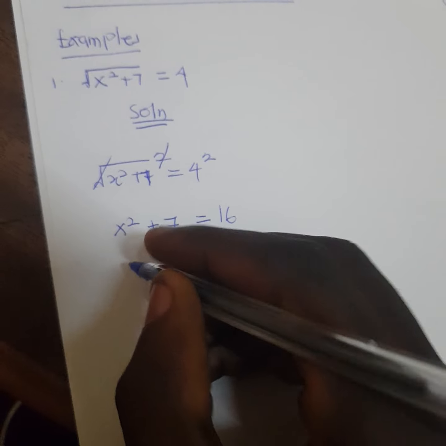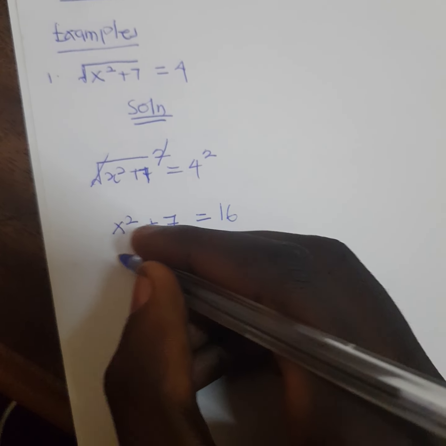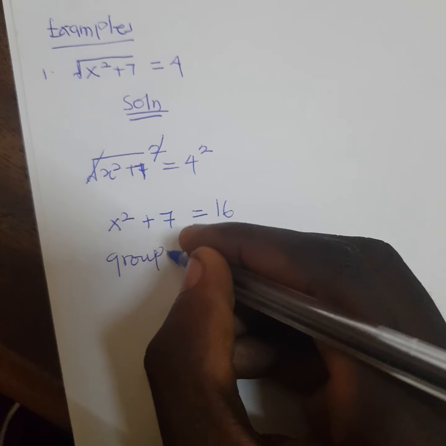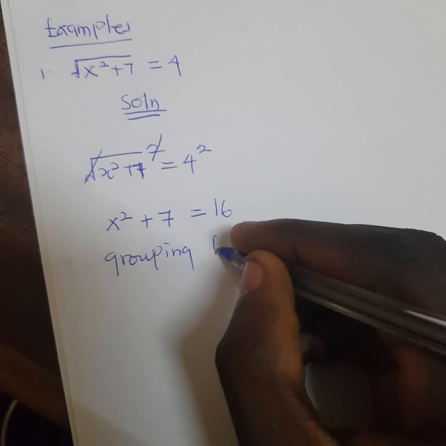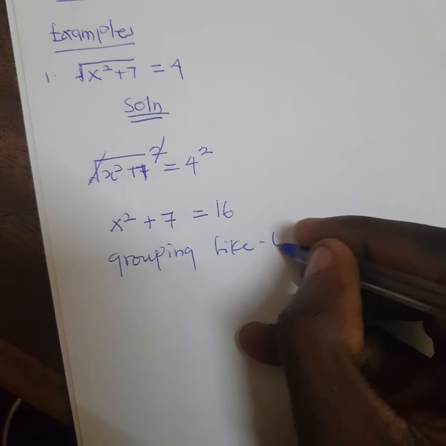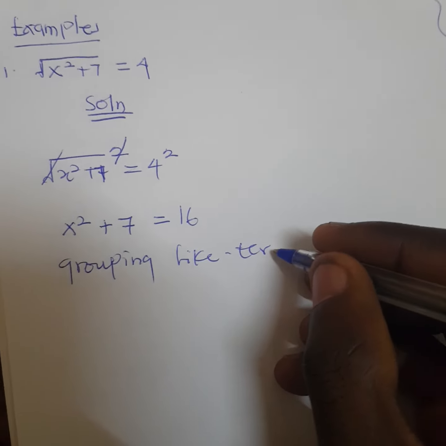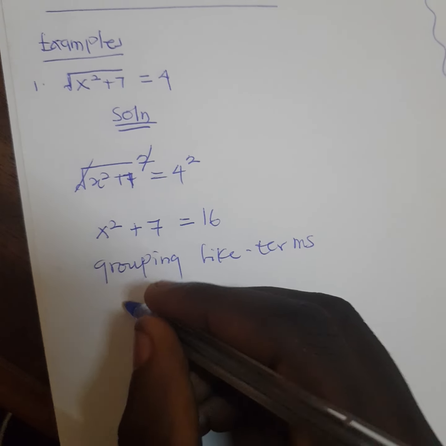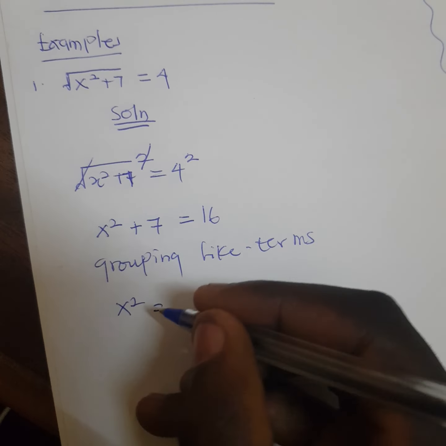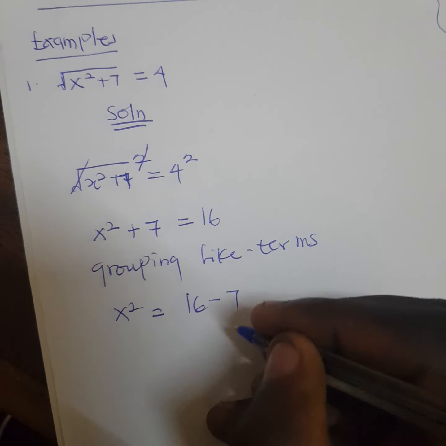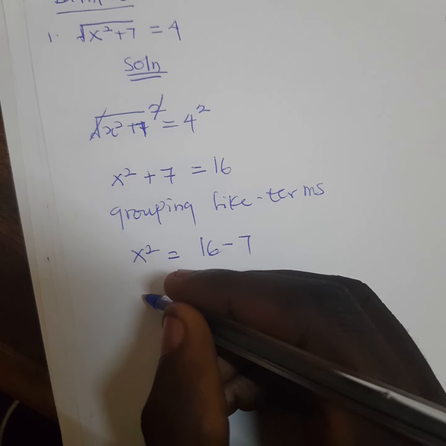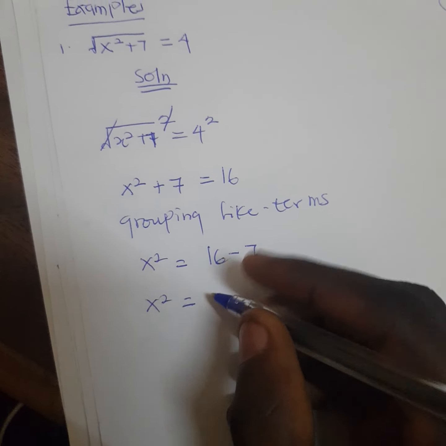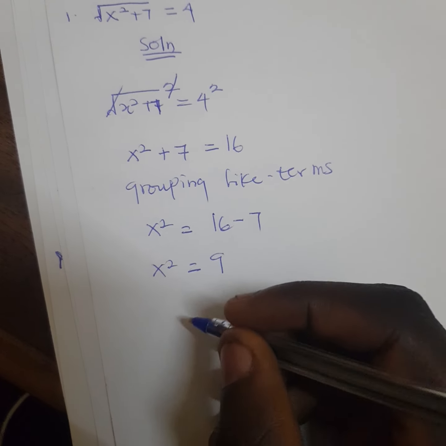Now group like terms. You're going to get x squared is equal to 16 minus 7, and then x squared is equal to 9.